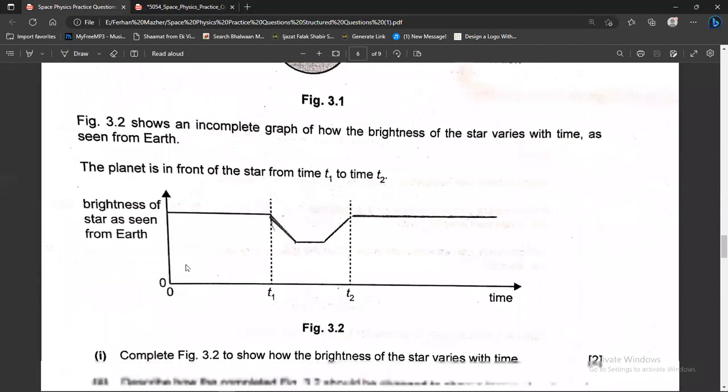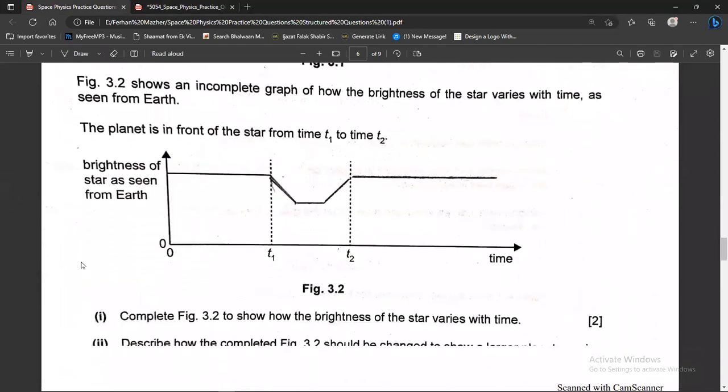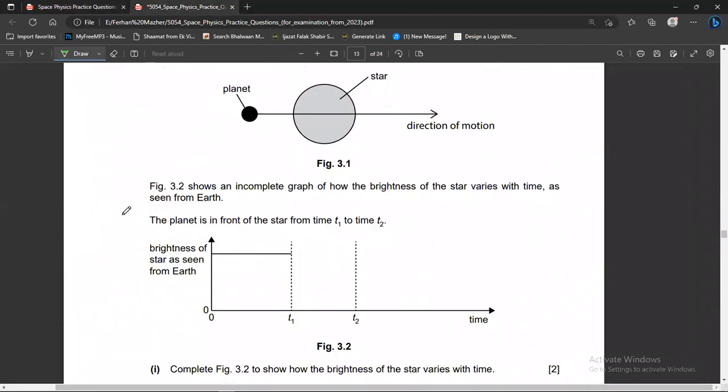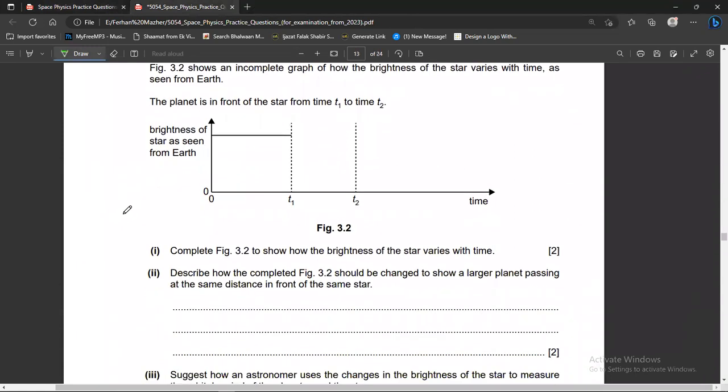Here on the y-axis we have the brightness of the star as seen from the Earth, and here we have time. At T1, the planet starts coming between the star and the Earth, and at T2 it will be done.